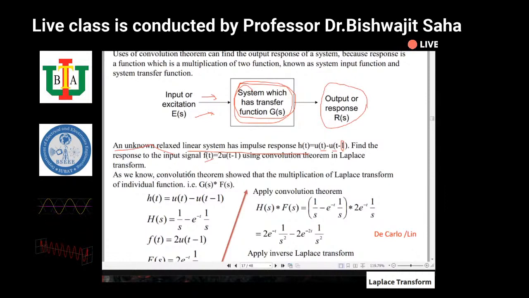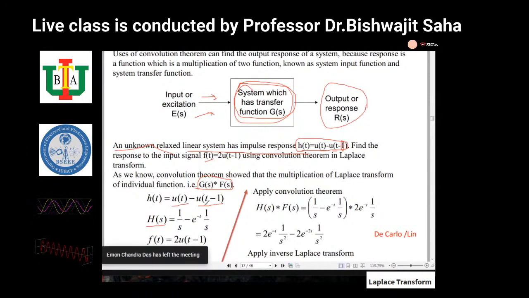The convolution theorem says that the response is the multiplication of the Laplace transforms of the individual functions, that is H of s and F of s. Understand? So h of t is given in the time domain; if we convert into the Laplace domain, then capital H of s equals, it has a 1 second delay, so it is e to the power minus s times 1 over s.